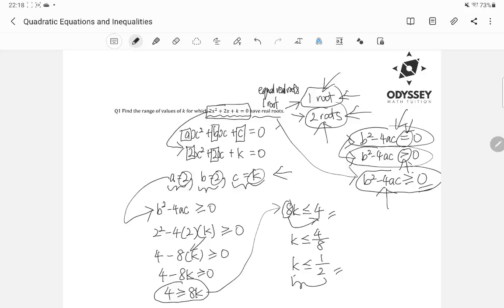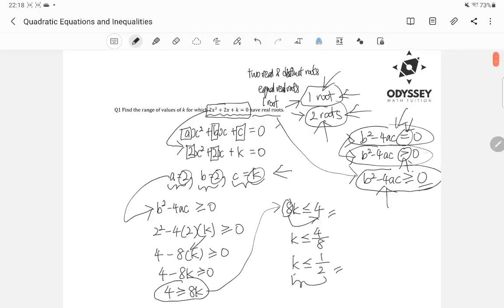If the question says they want two real and distinct roots, then you look at the condition b squared minus 4ac more than 0.